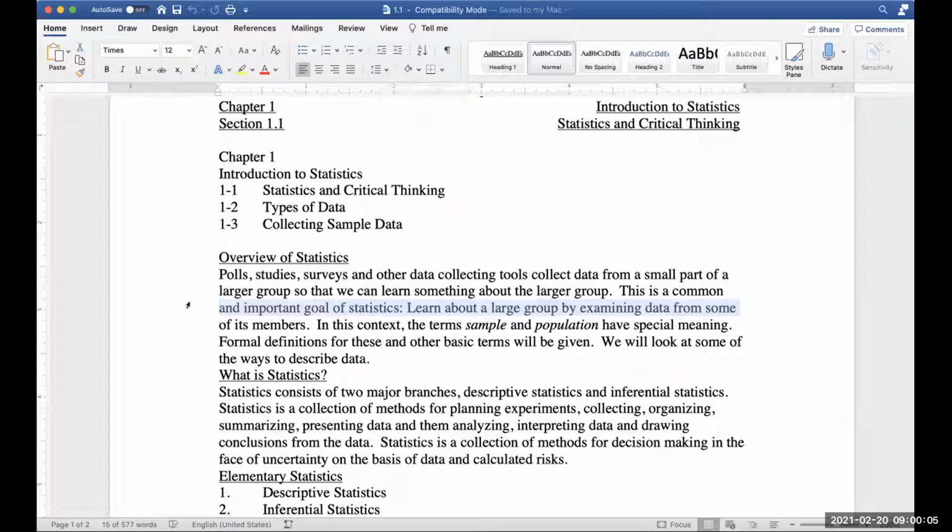And so, in order to discuss that, I'm going to have to look at what is called a sample and what is called a population.